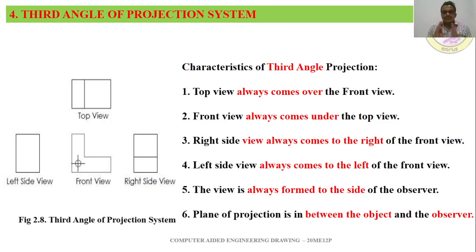Right side view always comes to the right hand side. Left side view always comes on the left hand side of the front view. The view is always formed to the side of the observer, and the plane of projection is in between the object and the observer.